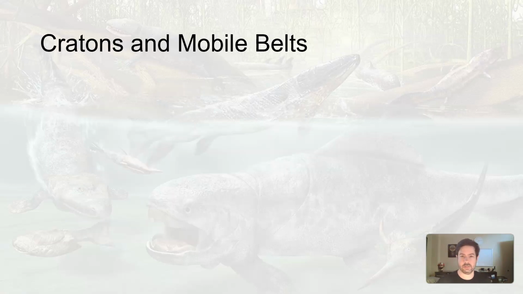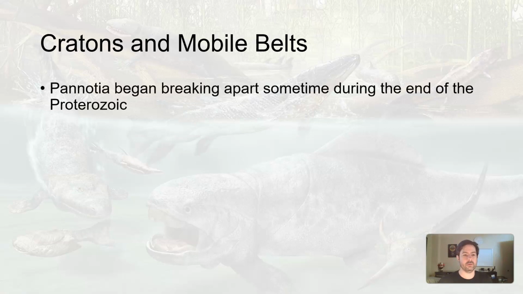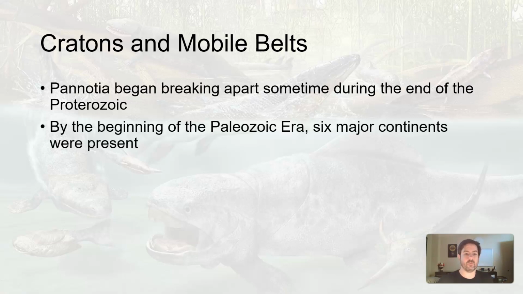So let's talk a little bit of a review. Cratons. As Pannotia is breaking up towards the end of the Proterozoic, Pannotia began to break up. Pannotia broke up before the beginning of the Paleozoic era by about 100 million years.